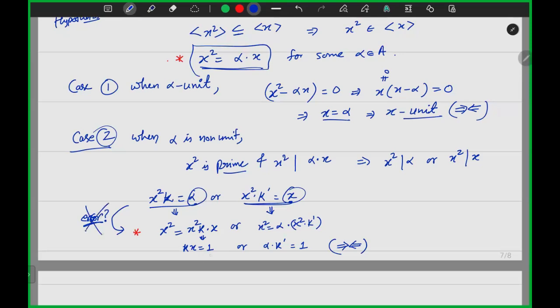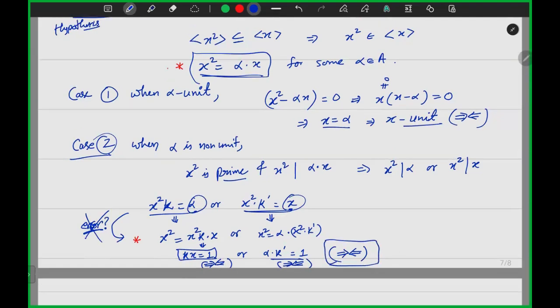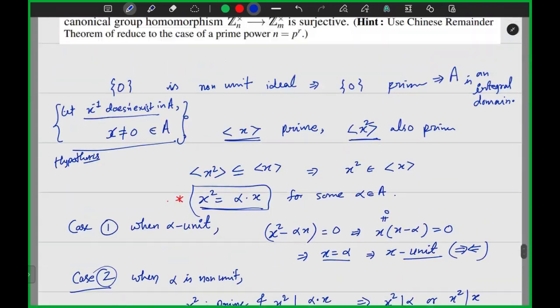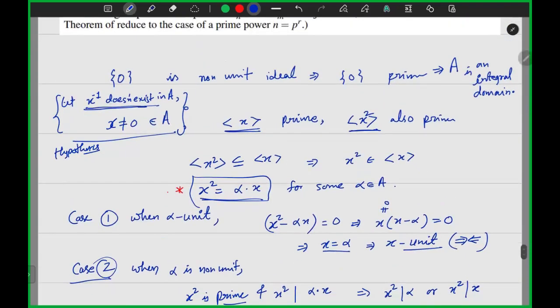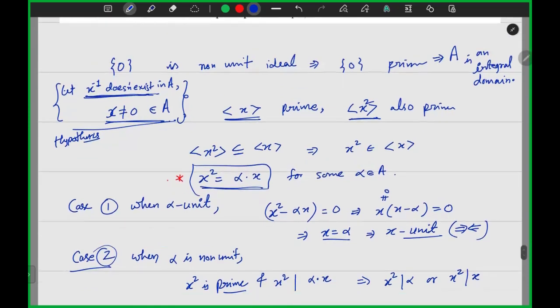Okay, but this is also wrong, and this is also wrong. So in an or statement, when both are wrong, then only we get wrong. So this is the contradiction here. So we get that no such x exists without an inverse.